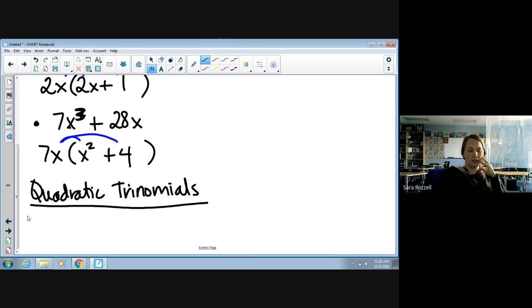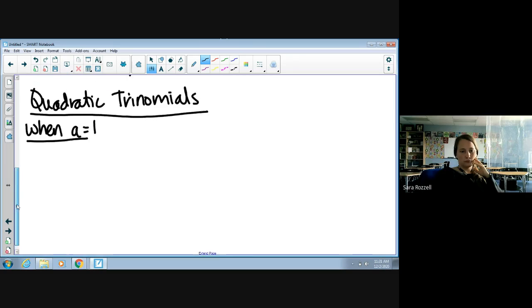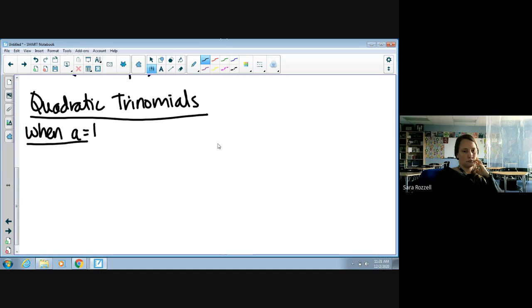Okay, so the first kind we're going to start off with is when a is equal to 1. If we remember our a, b, and c in our problems, so these are the first kind. So the first thing we're going to do, we're going to multiply 2 factors together. So I'm going to show you what a common answer would look like, and we're going to see how that answer came to be.